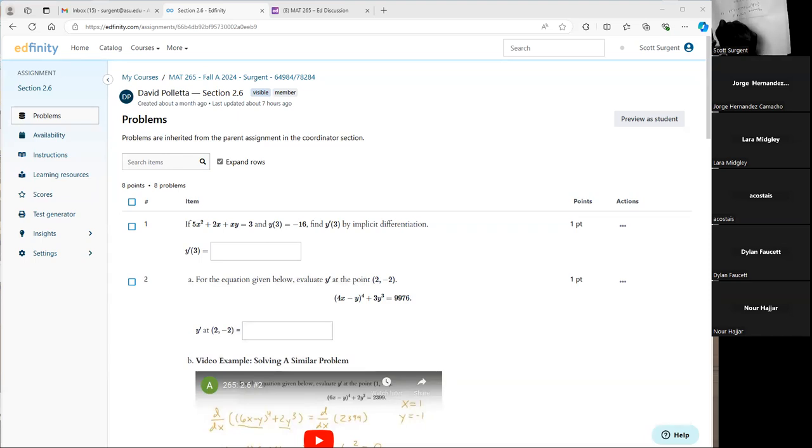I'll copy it. The function is 5x squared plus 2x plus xy equals 3. And we're told that y of 3 is negative 16. And then we want to find y prime at 3.